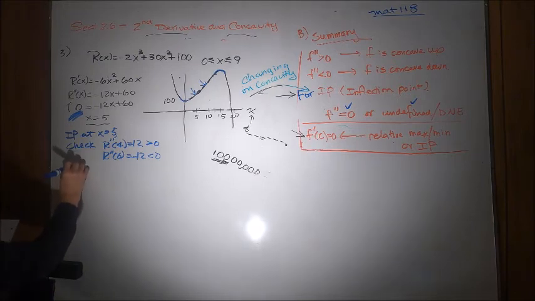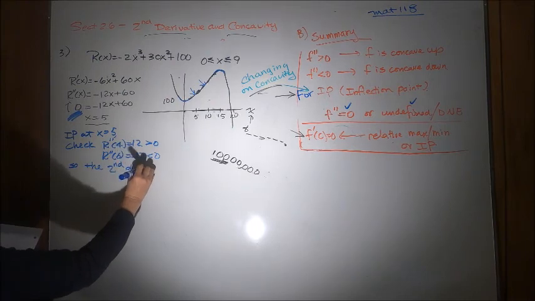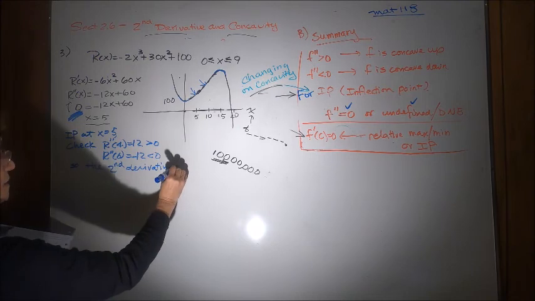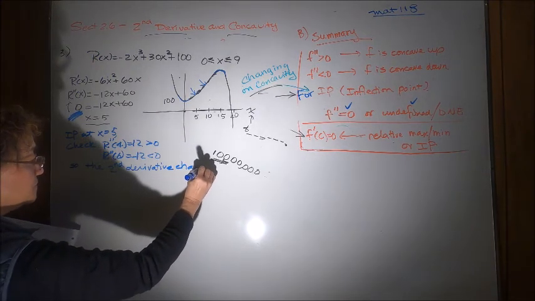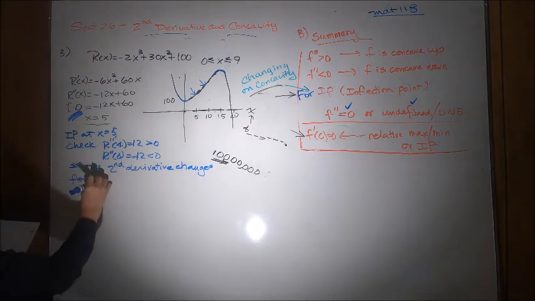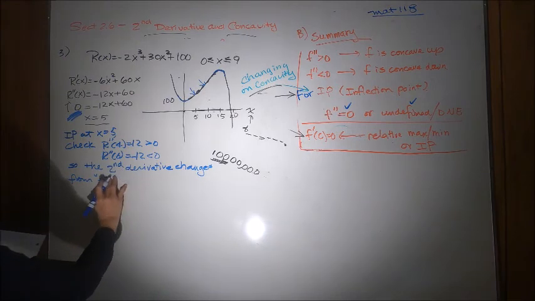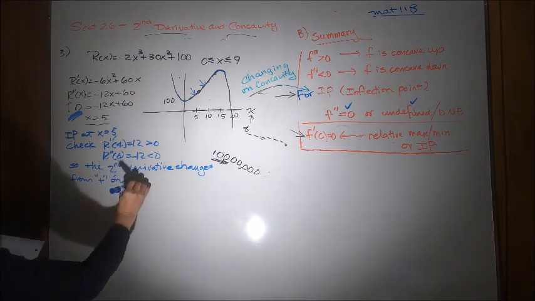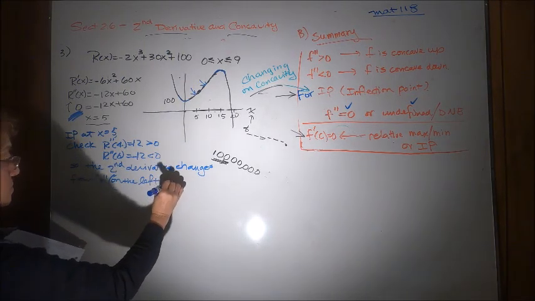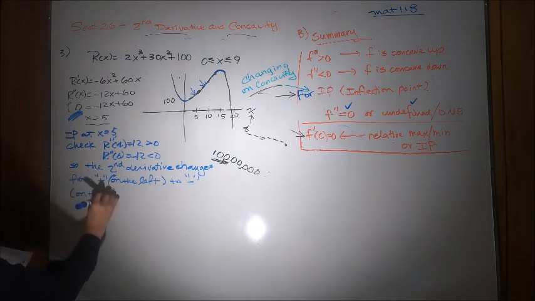So we say the second derivative changed from positive on the left hand side to negative on the right hand side.